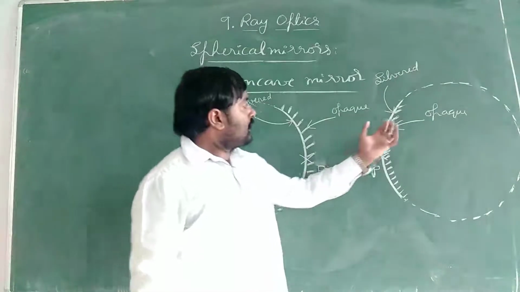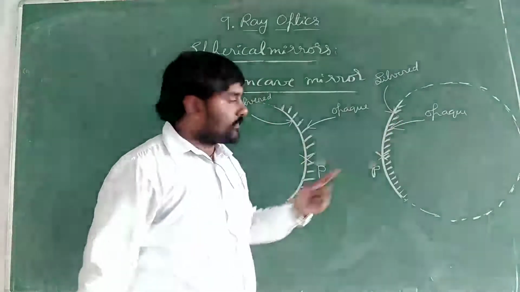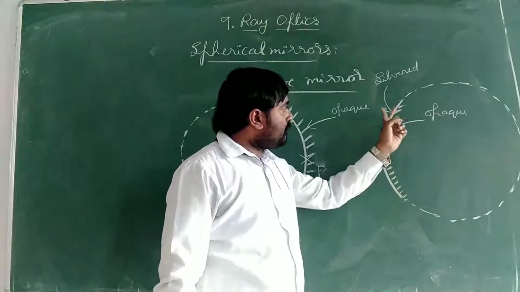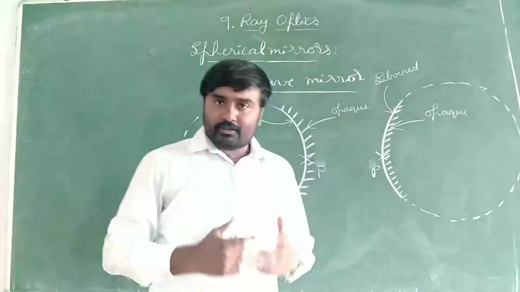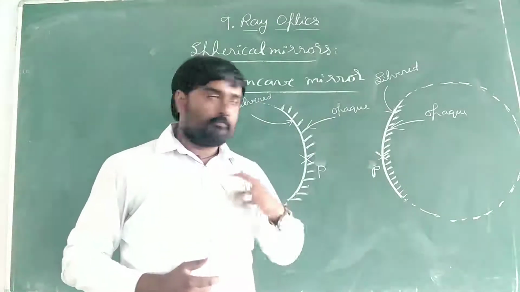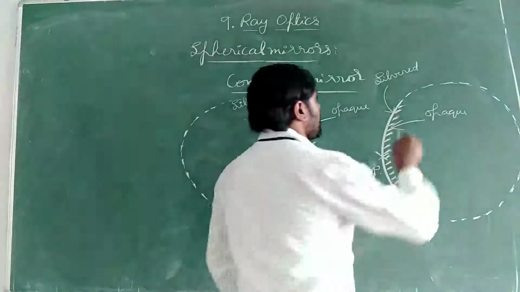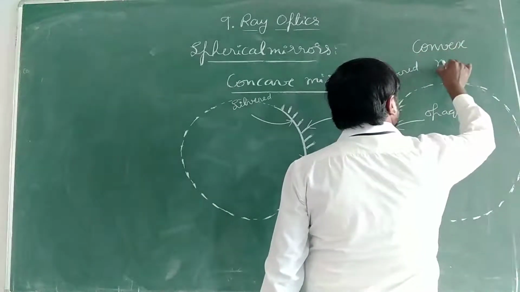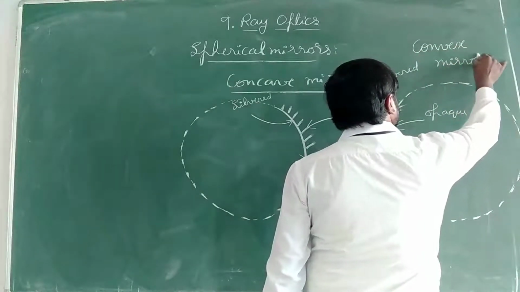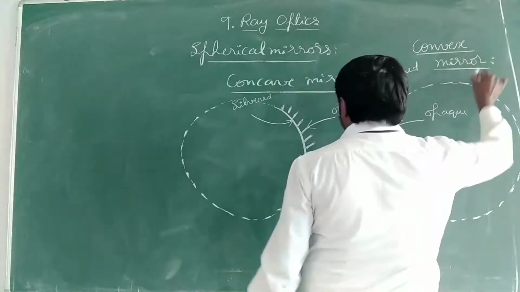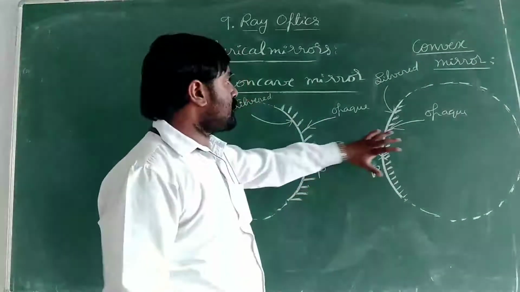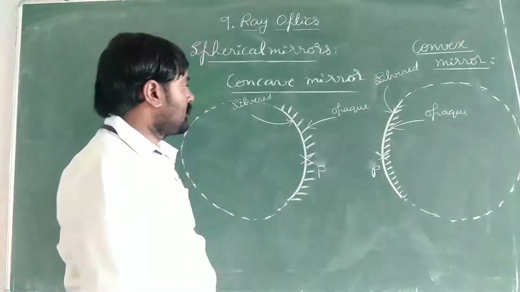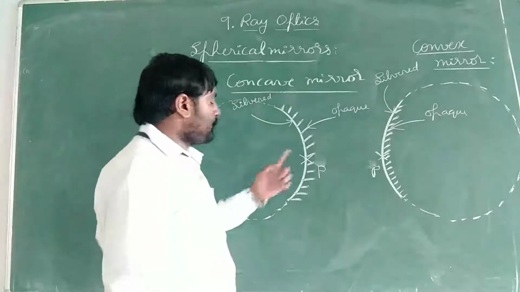So if the light gets reflected from outside the surface of a part of a hollow sphere, that is called convex. So this is a convex mirror. So this is a concave mirror, this one is a convex mirror.